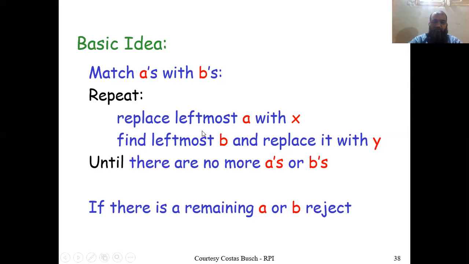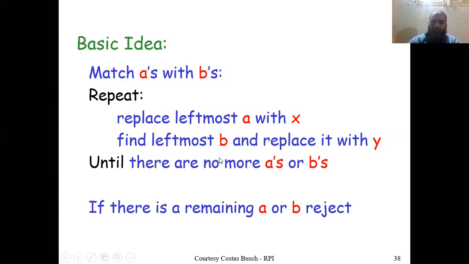So this is a simple replacement of the leftmost A with X. How will we do it? We find the first A and replace it with X. We find the first, leftmost B, and we replace it with Y. Until there are no more A's or B's, we will continue.